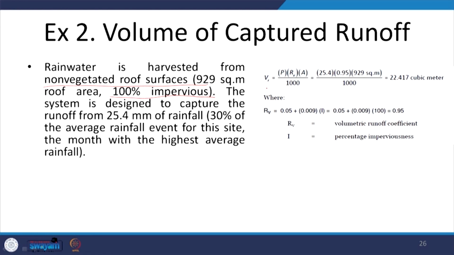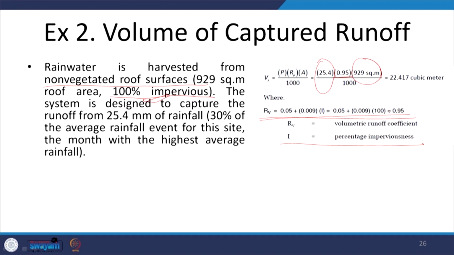Using the same equation, equation 1 of the previous slide, this is the amount of rainfall which is received, this is the total area of the roof, and this is the runoff coefficient, where through the given formula and the percentage imperviousness, which here is 100%, it does not allow any water to percolate through it.